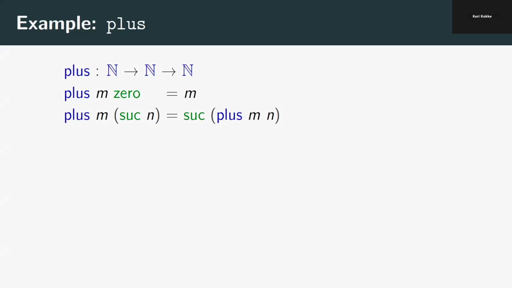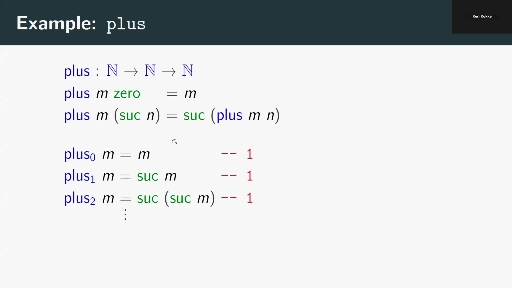Alternatively, we can consider all the possibilities, however many times this plus function will be unfolded when we evaluate it. If we evaluate it 0 times, just looking at the base case, we get m. Unfolding it once gives us this extra m, and so on. And so it seems like the m is actually being used exactly once in all cases.